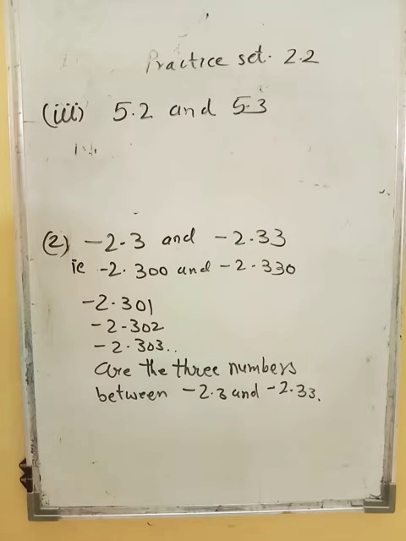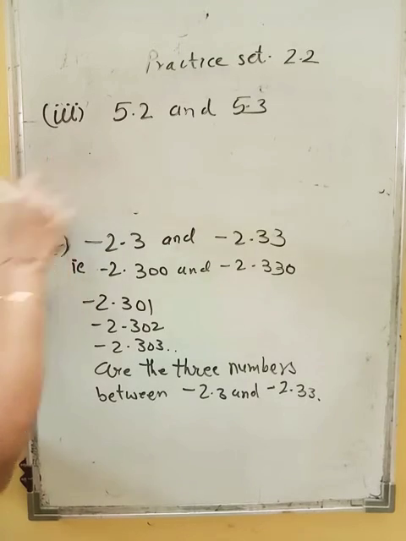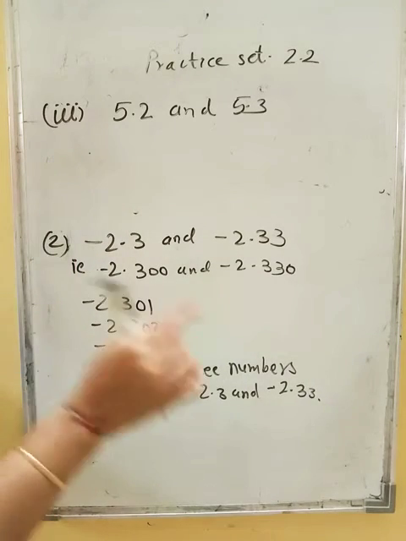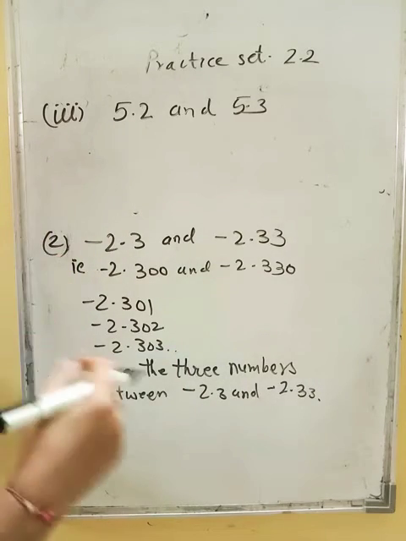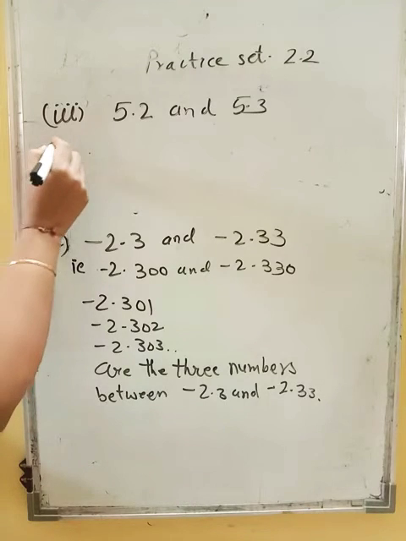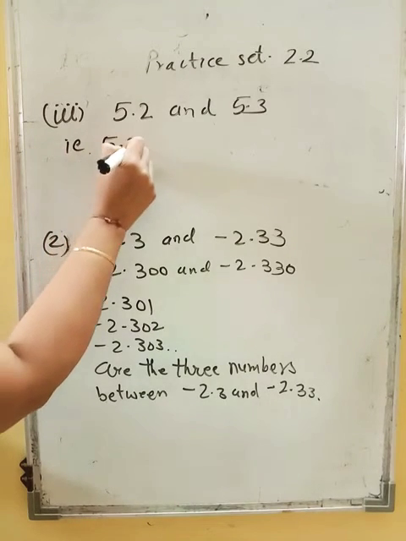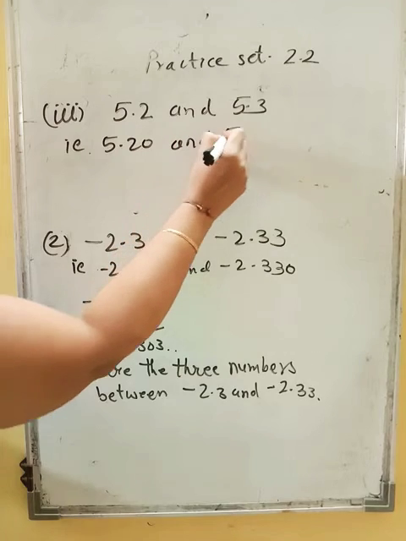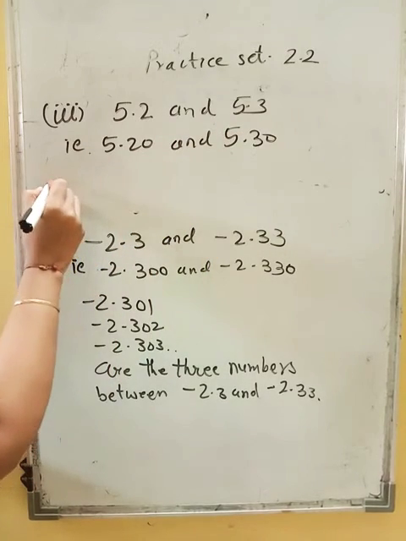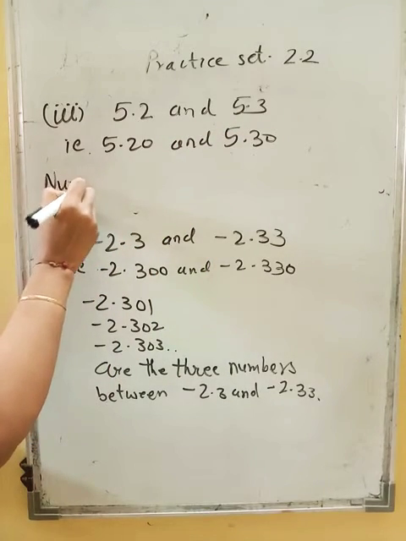If you add a 0, 2 0 and 3 0, 20 and 30 will be the same value, right? So that way you can have the same method for all, correct? For that purpose only I had told you to add zeros. So that will be a uniform method. So that is 5.20 and 5.30.